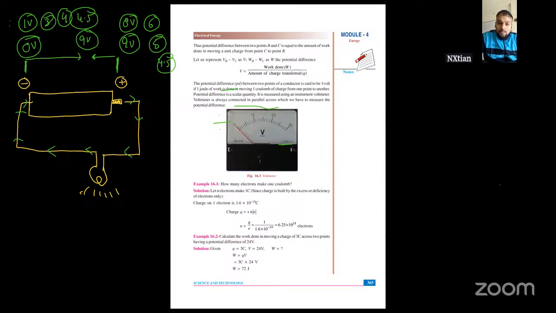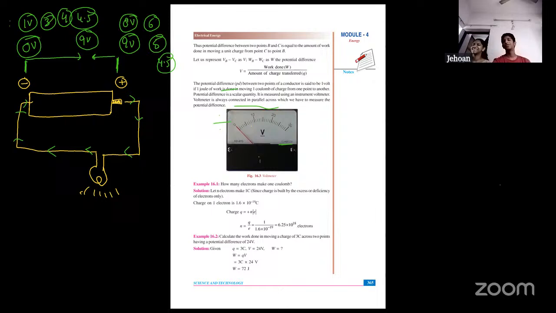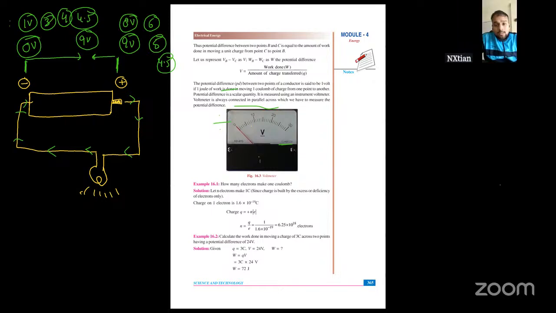Yes, Jahoan. If it's like this, how does a rechargeable battery work? This is how a battery works. When the potential difference becomes the same, the cell is dead. And for rechargeable, we have to plug into the electricity, which again makes a potential difference.